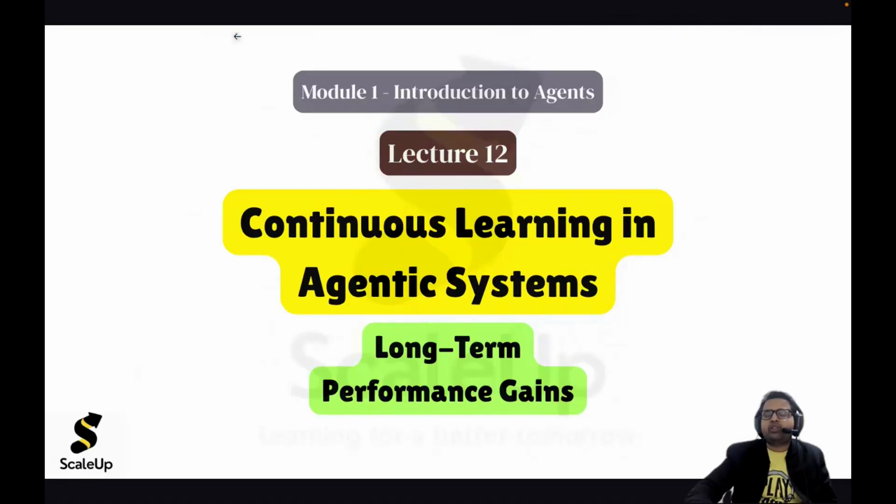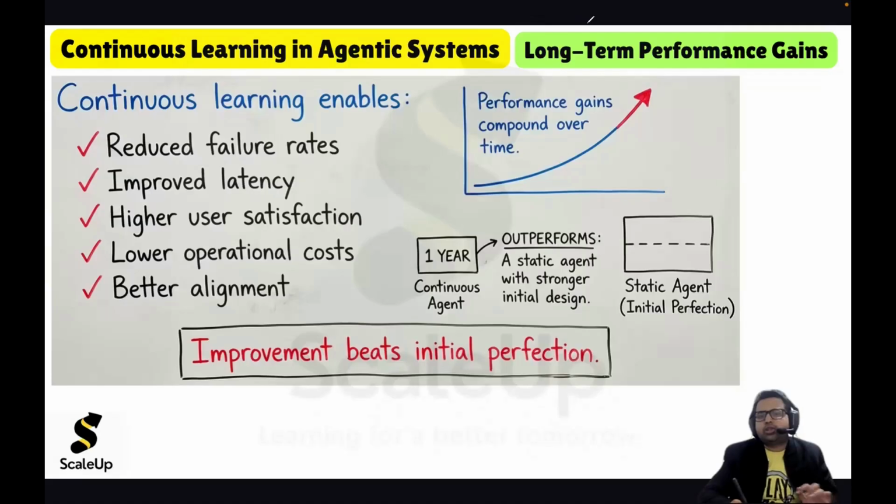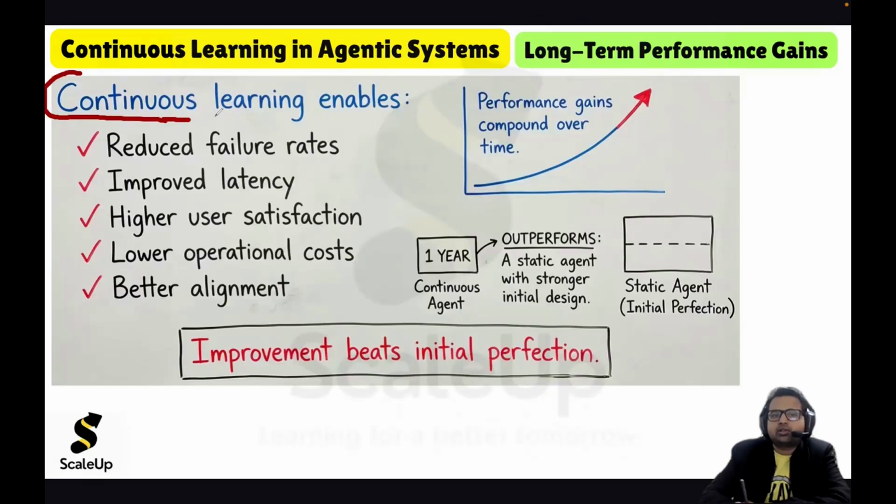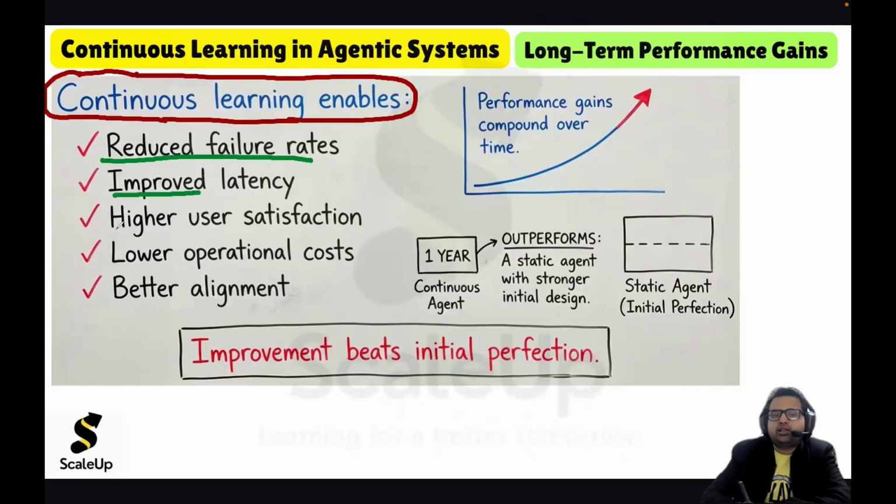Long-term performance gains. Now see, basically the idea is that continuous learning in agentic systems enables reduced failure rates, improved latency, higher user satisfaction, lower operational cost, and better alignment.